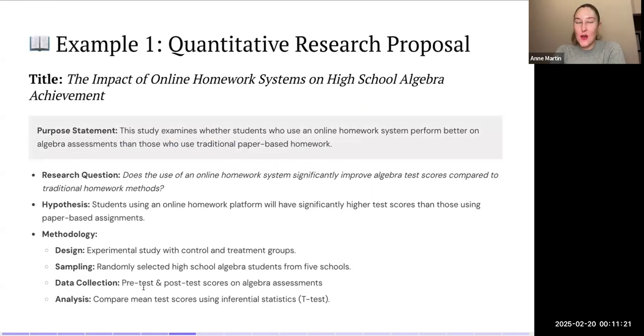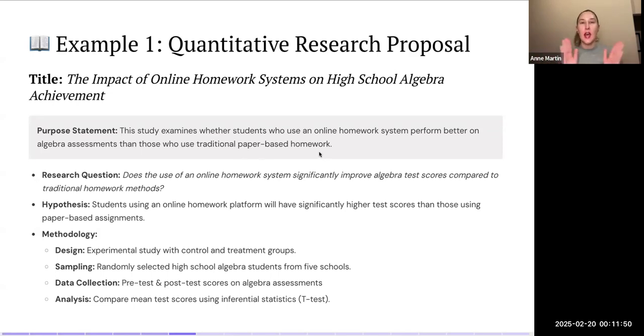I also wanted to give you a few examples to help you see. So this could be an example of a quantitative proposal: the impact of online homework on high school algebra achievement. As you can see in their purpose statement, they are starting to put forth those variables, an online homework system. Do students who use that system perform better on algebra than those who use traditional paper-based homework?